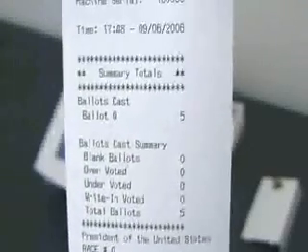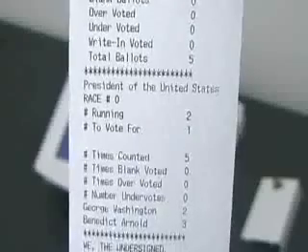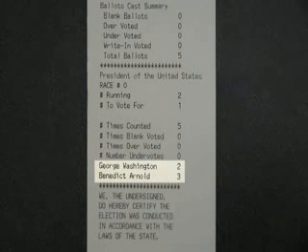The tape shows that Benedict Arnold won the election, 3 votes to 2. This result is incorrect. Malicious software stole votes from George Washington and gave them to Benedict Arnold.